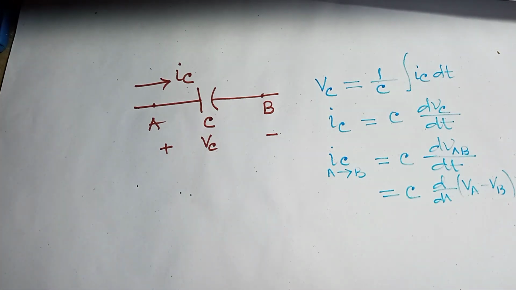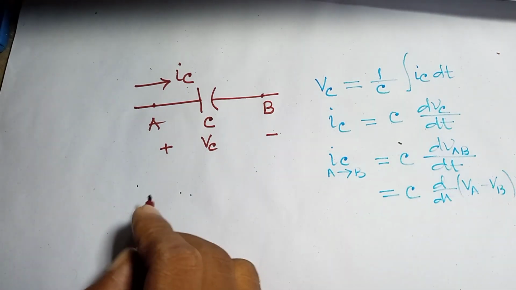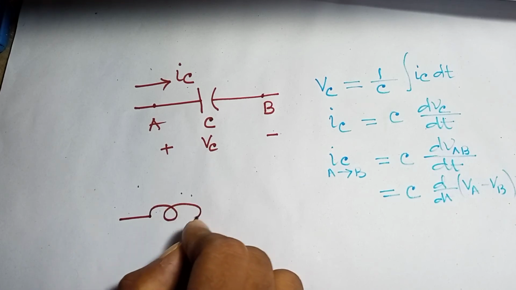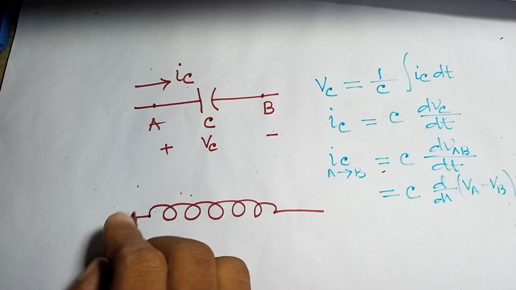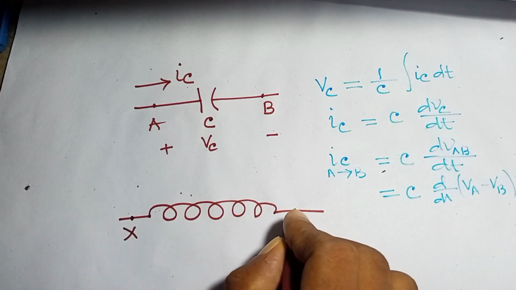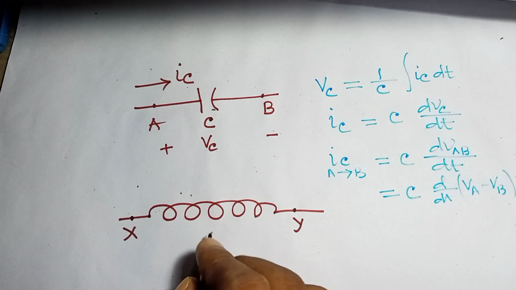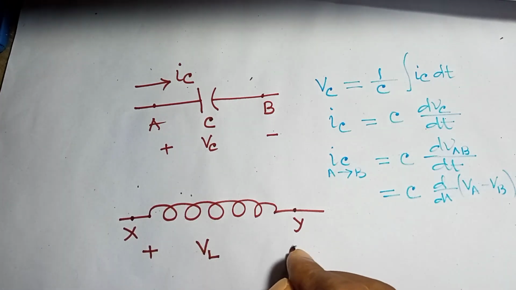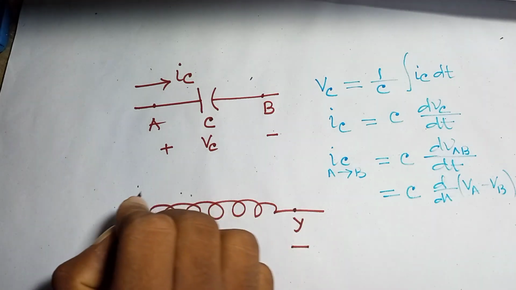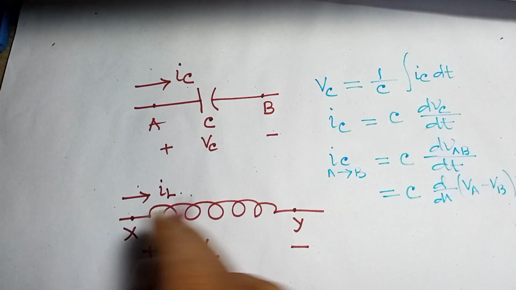Now let's see the relationship between current and voltage for an inductor. So this is the structure of an inductor, and again let's say this is the terminal X and this is the terminal Y, and the voltage across this inductor is, let's say, VL, and let's say this is the positive terminal and this is the negative terminal, and the current, let's say, IL is flowing from X terminal to Y terminal.